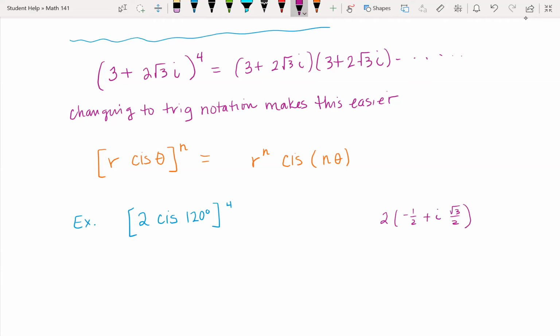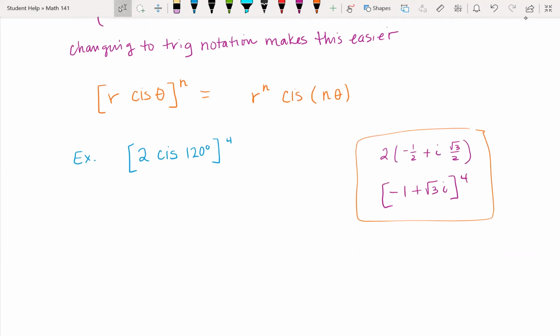This would have been -1 plus square root of 3 i raised to the 4th power. This would be sort of the alternative to what we would be doing, and this is a lot more difficult. We have to multiply this out 4 times.